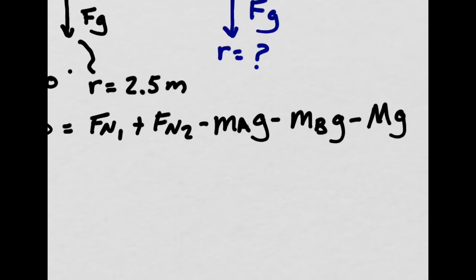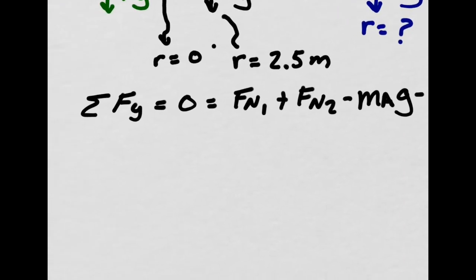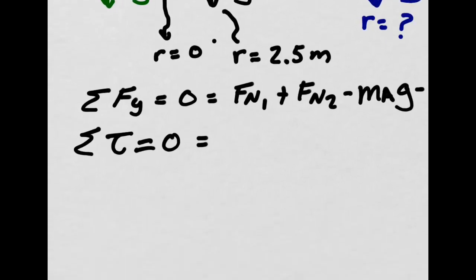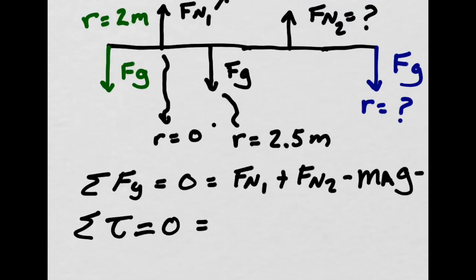We also have to write down the sum of all the torques is equal to 0. We have to define our coordinate system in the same way. If Fy has an up and down, we have to define torques clockwise and counterclockwise as positive and negative.